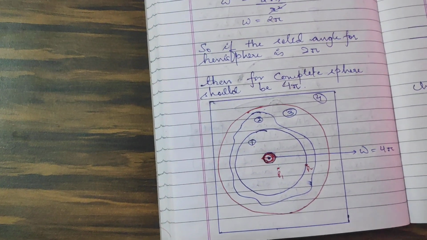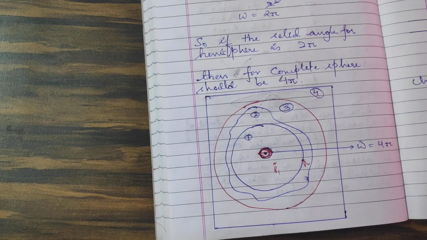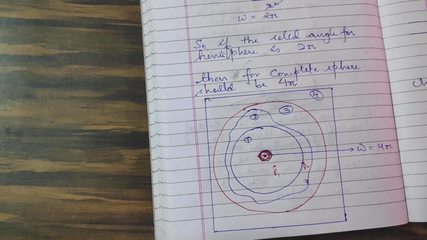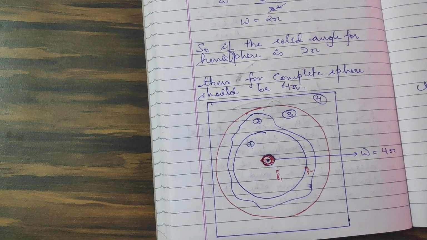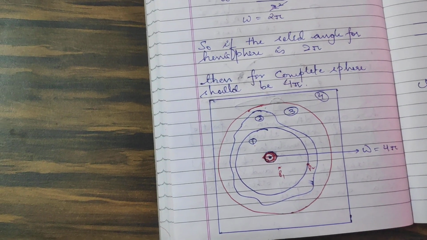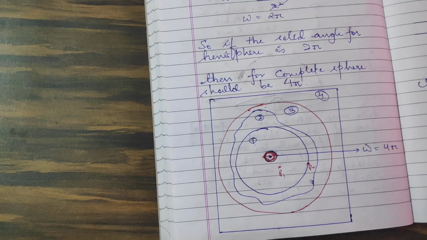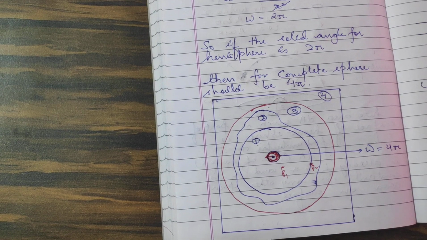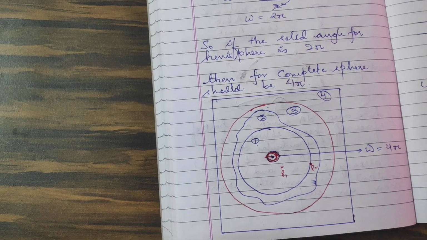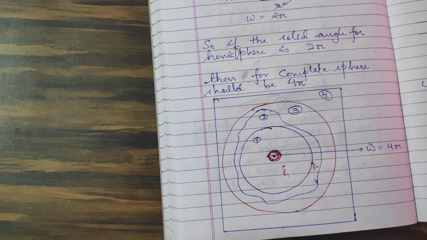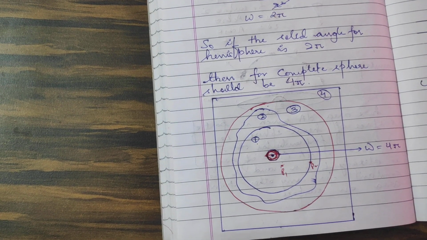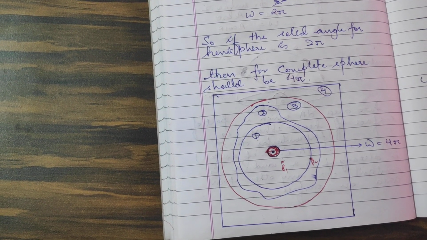P1 is inside 1, so for P1, sphere number 1 will be considered a closed surface. But P2 is exposed because it is on the surface. So for point P2, 1 will not be considered a closed surface, but surface number 3, that is sphere number 3, will be considered a closed surface both for P1 and P2.